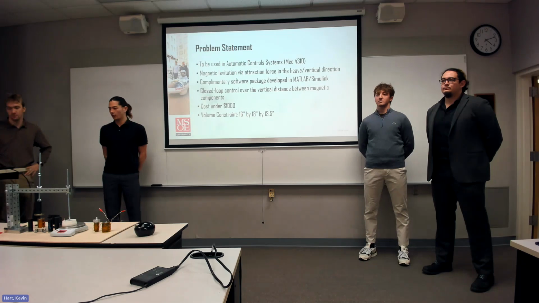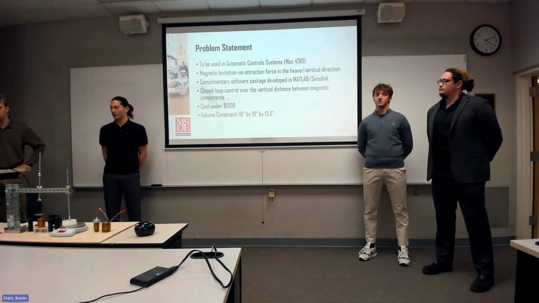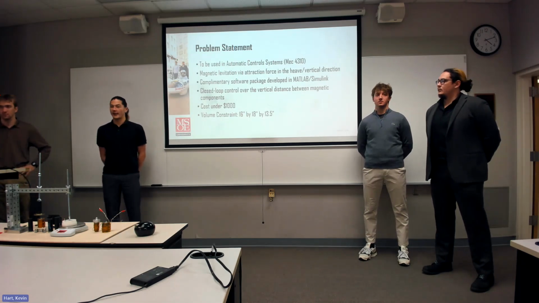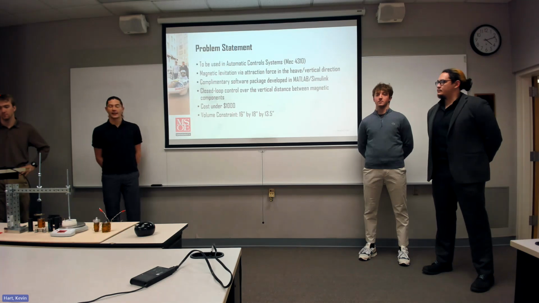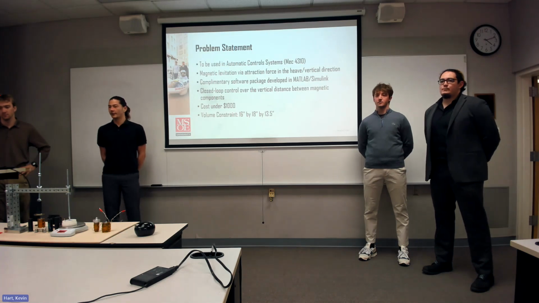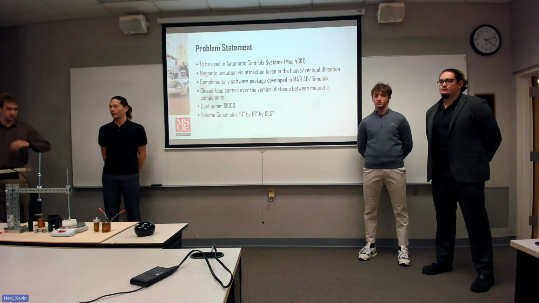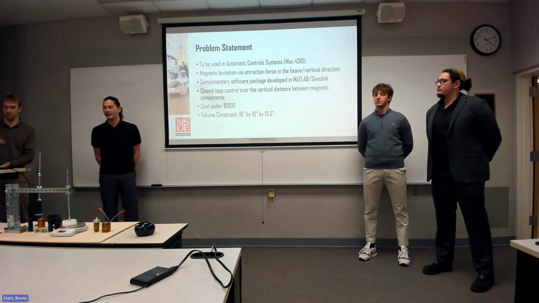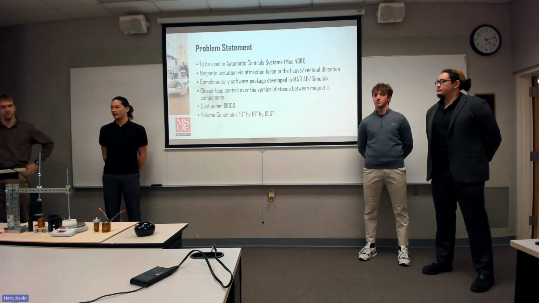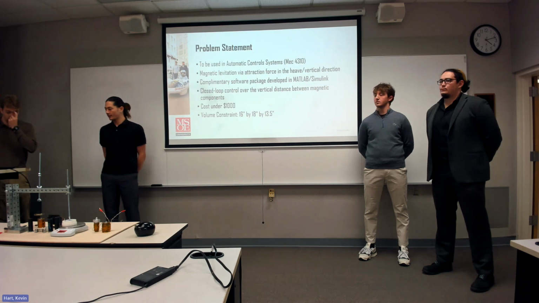More specifically, the course title is MEC 4310, and we're tasked with creating a system that uses magnetic levitation via attractive force as opposed to repulsive force in the heave or vertical direction. In addition, we are in charge of putting together a complementary software package in MATLAB and/or Simulink so that students will be able to use that as the interface to control the system.